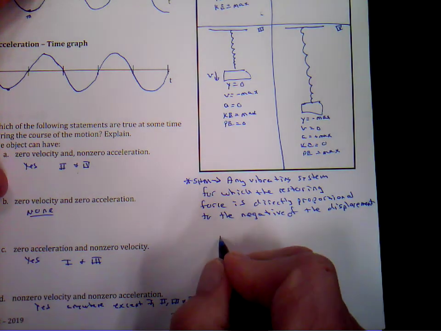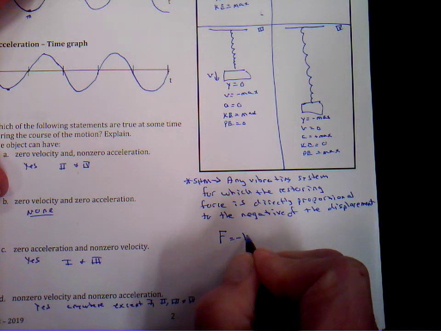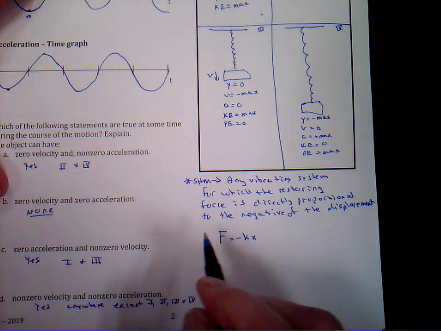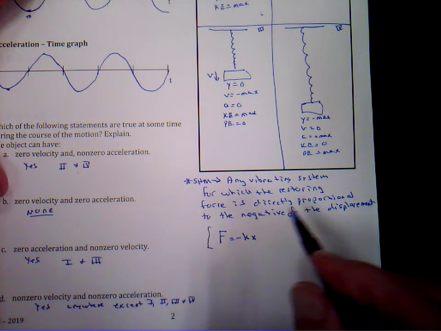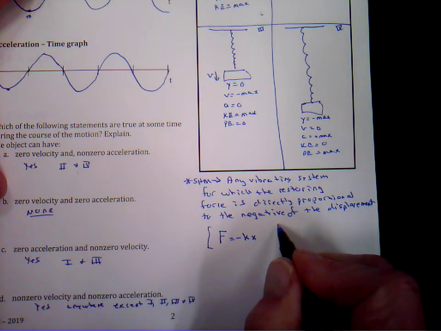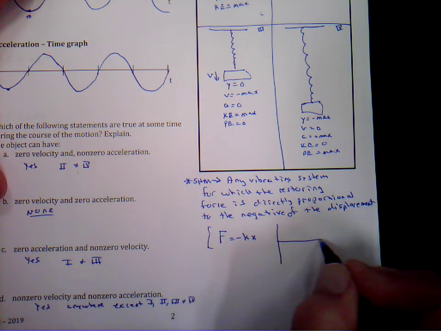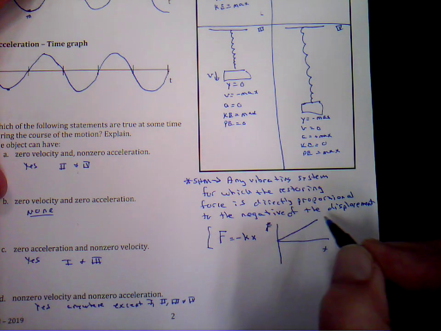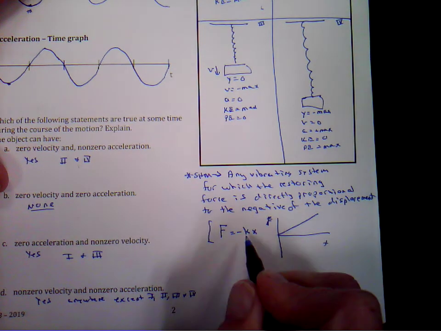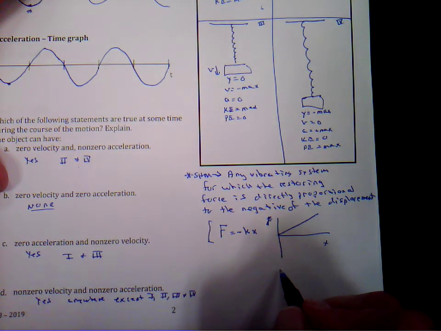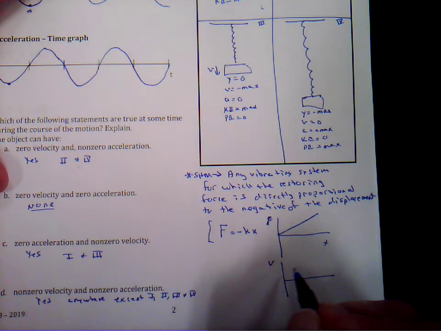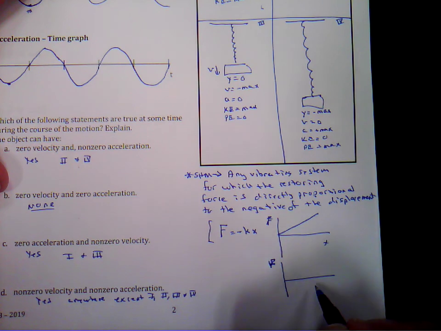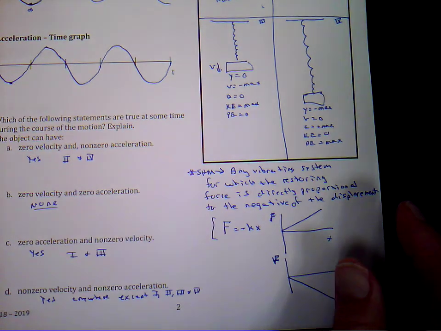In other words, F equals negative kx. Any system that has that quantity, if we graph this, this is force, this is x, we get a linear relationship. If we include the negative, this is force, this is displacement, it would look like this, okay?